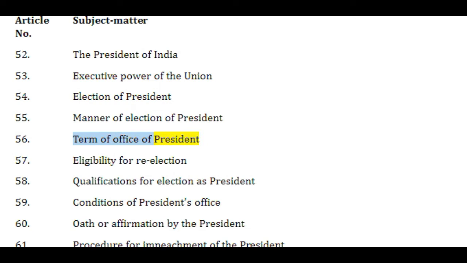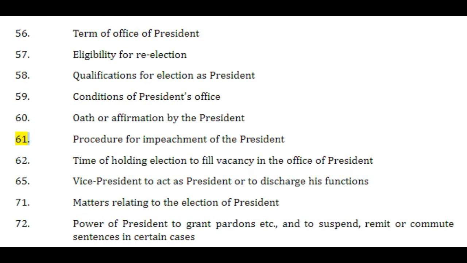Term of office of President. 57. Eligibility for re-election. 58. Qualifications for election as President. 59. Conditions of President's office. 60. Oath or affirmation by the President. 61. Procedure for impeachment of the President. 62. Time of holding election to fill vacancy in the office of President.